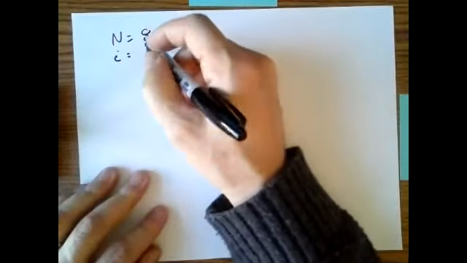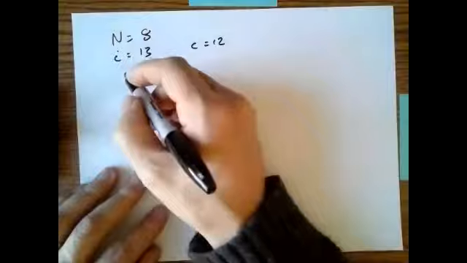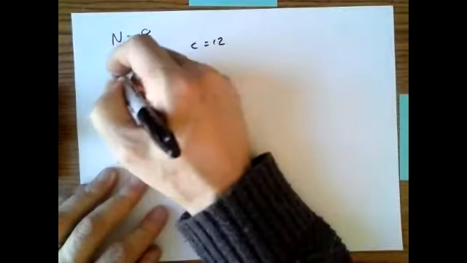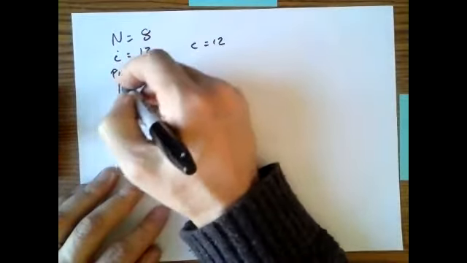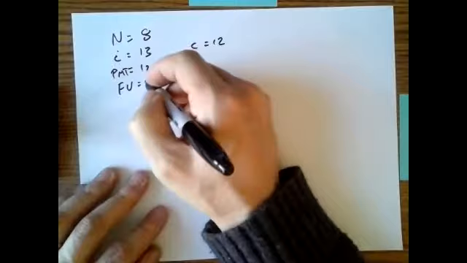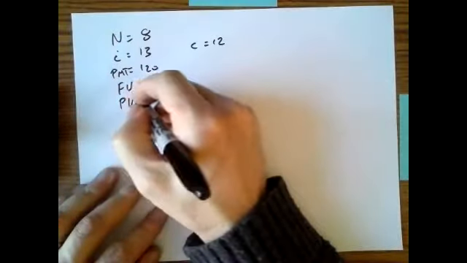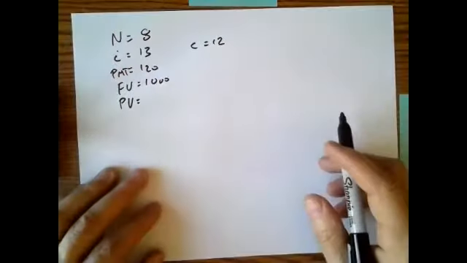The market interest rate is 13. Remember, the coupon was still 12. The payment still by contract is 120, and the future value still by contract is the par, and that's 1,000. So now we want to know what's the present value if the interest rate goes up to 13%.